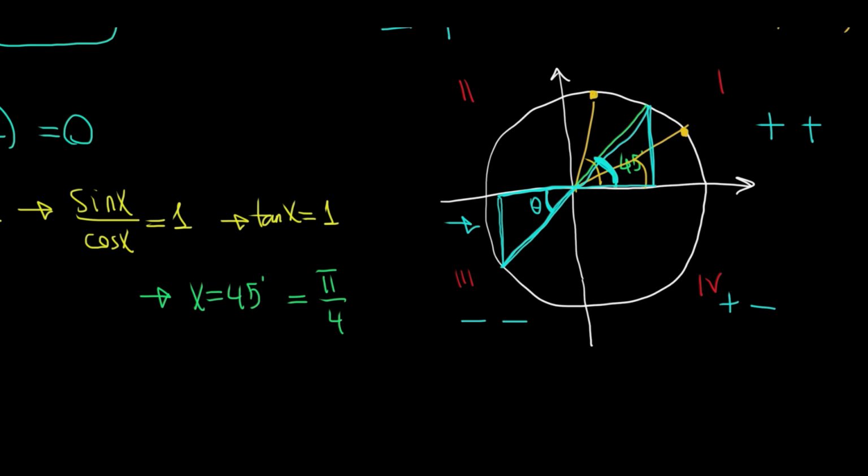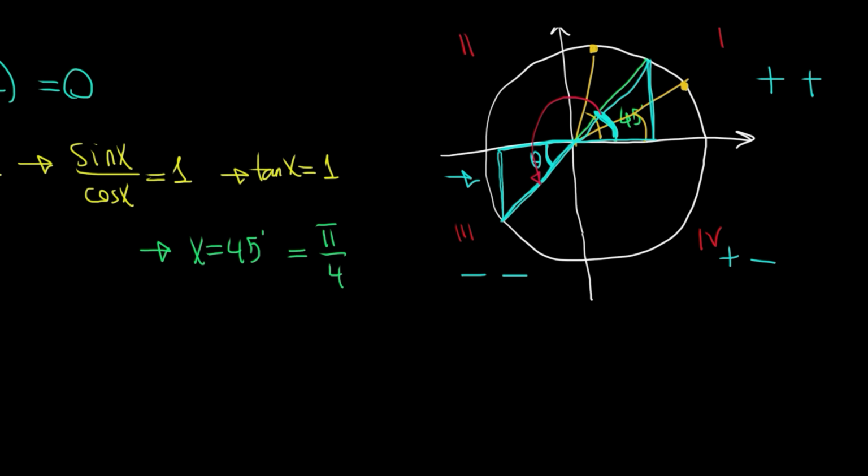So technically this theta is going to give us the same tangent value of 1. However, where is this angle? Well, I just moved another 180 degrees towards the third quadrant, counterclockwise. In other words, what I just did was pi over 4 plus pi, since pi represents 180 degrees, pi radians, right?